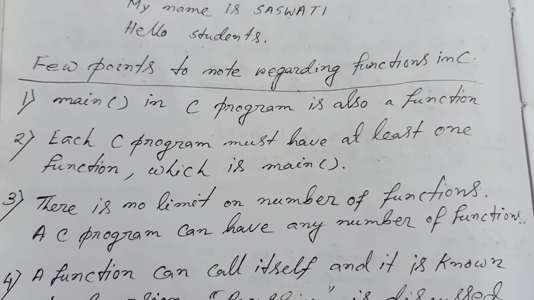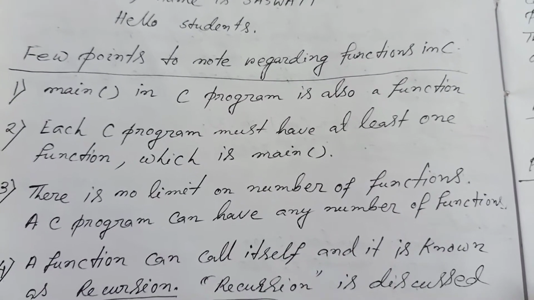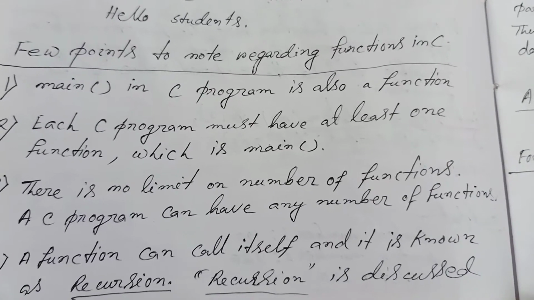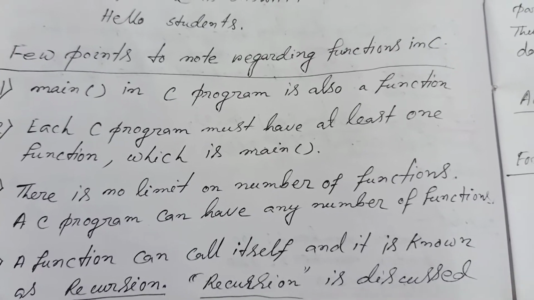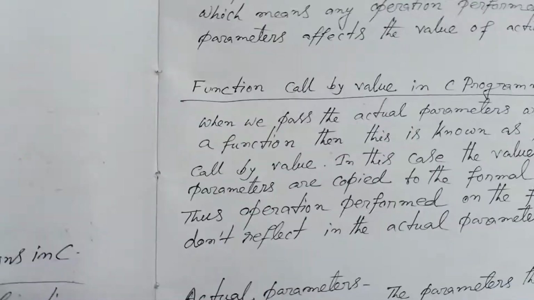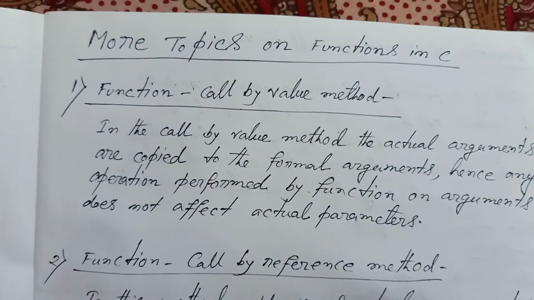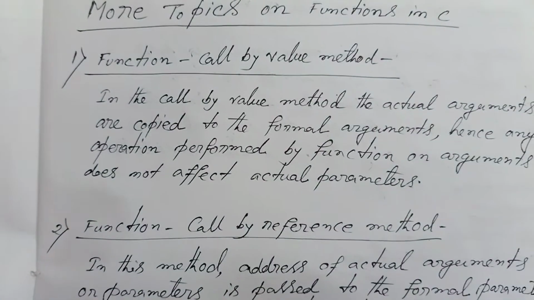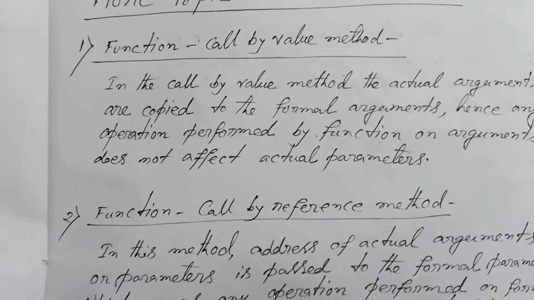We are calling the user defined function in the main function. Depending upon that, we divide function calls into two methods. First is the function call by value method, and the second is the function call by reference method.